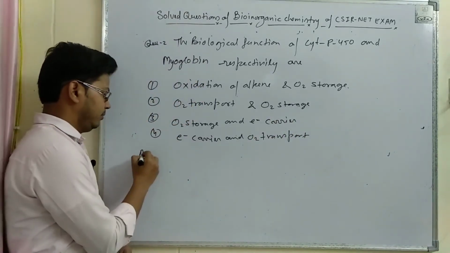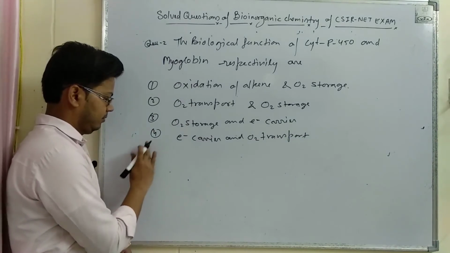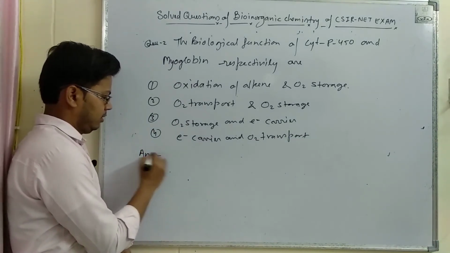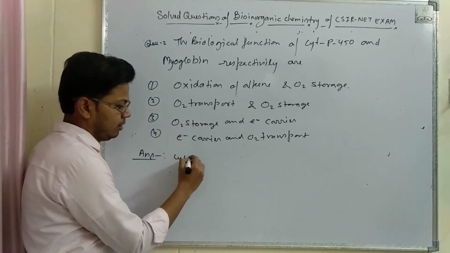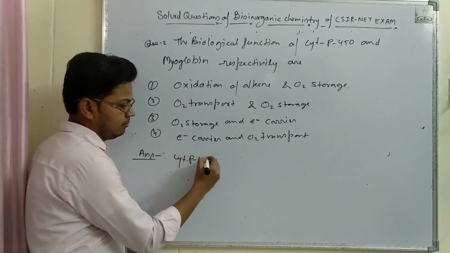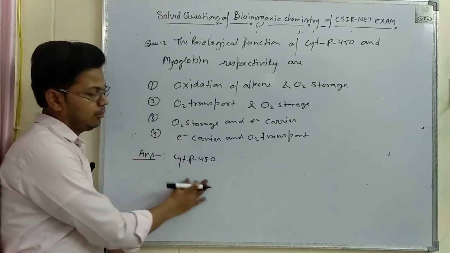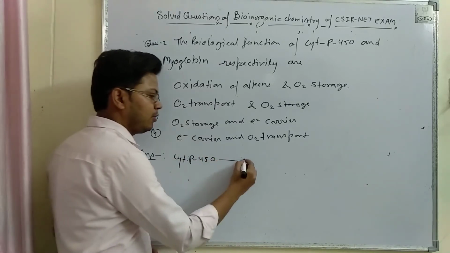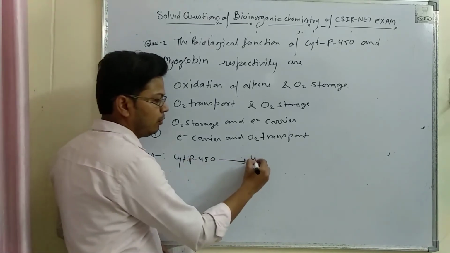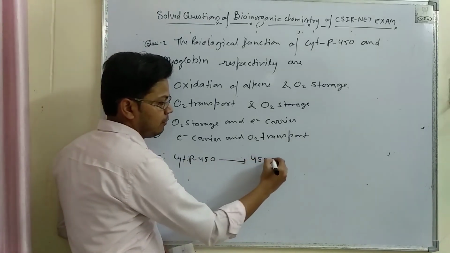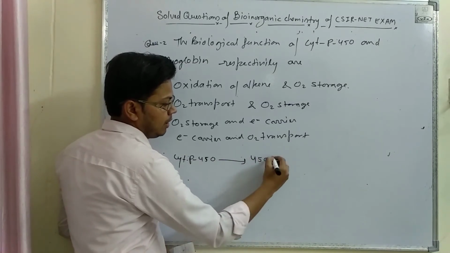As we know, the cytochrome P450 are a group of cytochromes which absorb a wavelength of light corresponding to 450 nanometer.